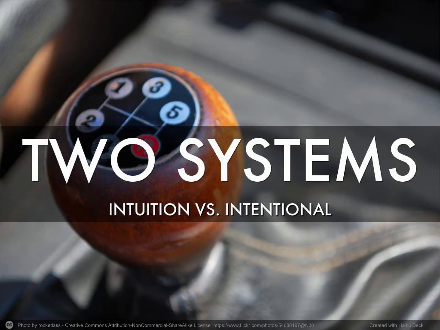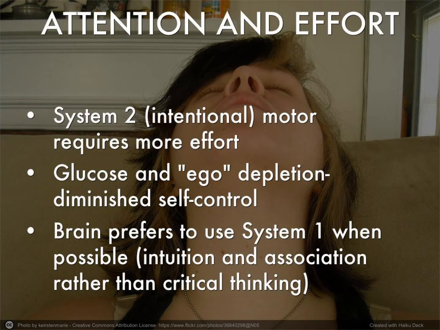So let's revisit the idea of two systems. In the work of behavioral economics and psychology, there's a theory that the human brain works on two different speeds, basically. We start with system 2. This is the newer part of the brain, probably located maybe in the frontal lobes. It is the bigger, slower processor. It requires more effort, and you can think of it as requiring more blood sugar.